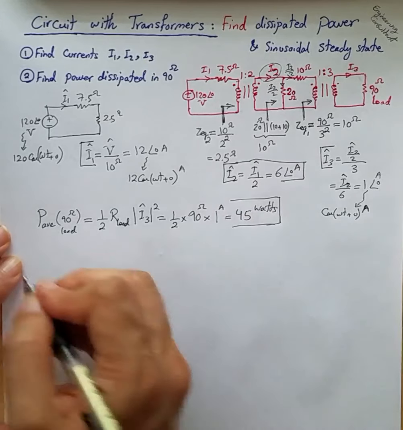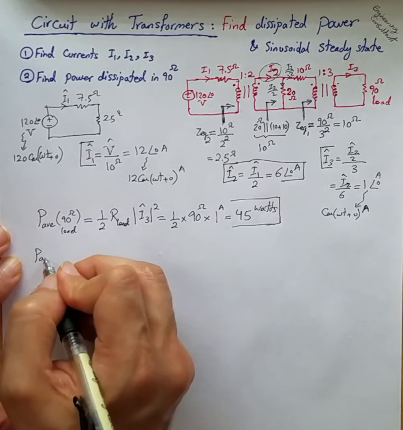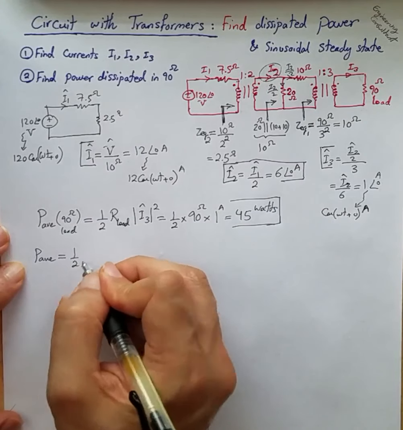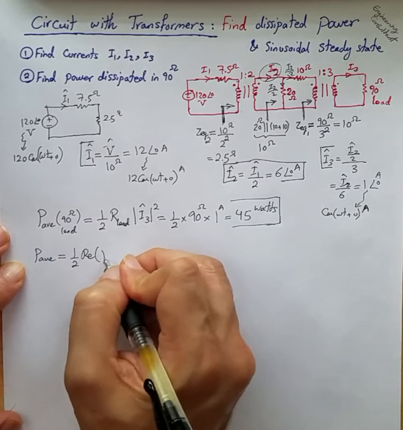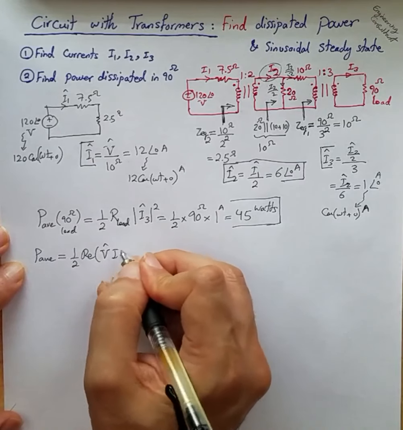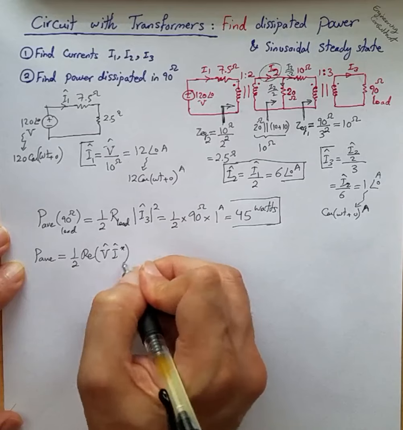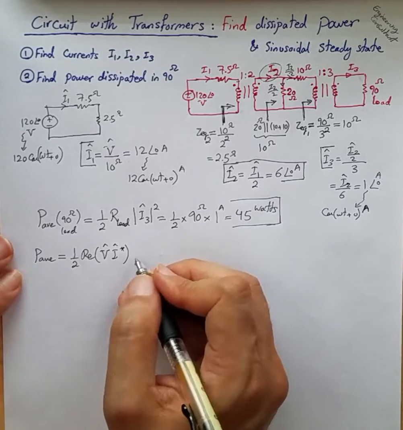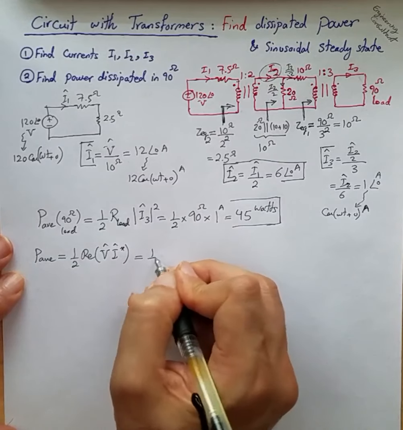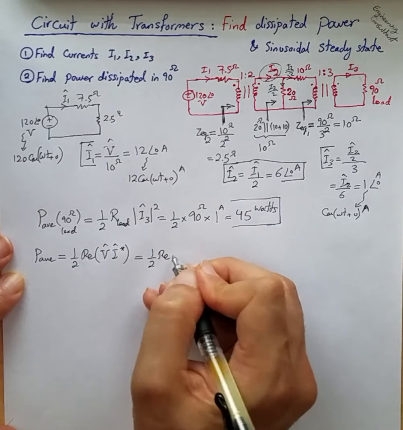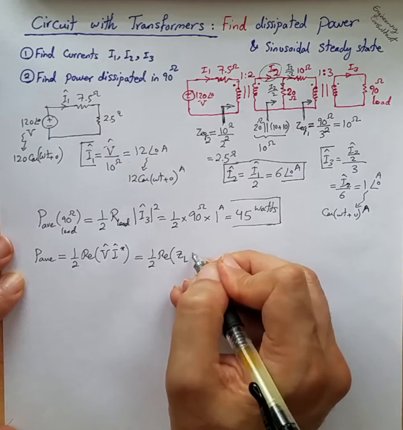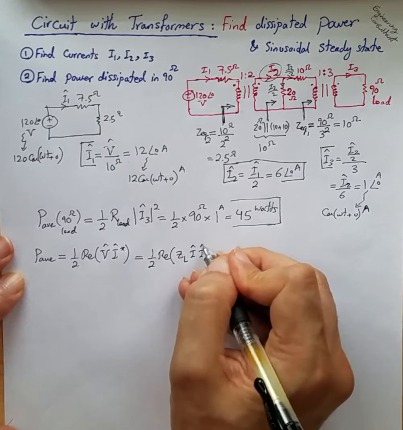Generally speaking, the average dissipated power or active power across a load comes from one half the real part of the phasor voltage across the load times the conjugate of the current phasor going through the load. So it is one half the real part of V, which can be written as Z of the load times I phasor, times I conjugate.